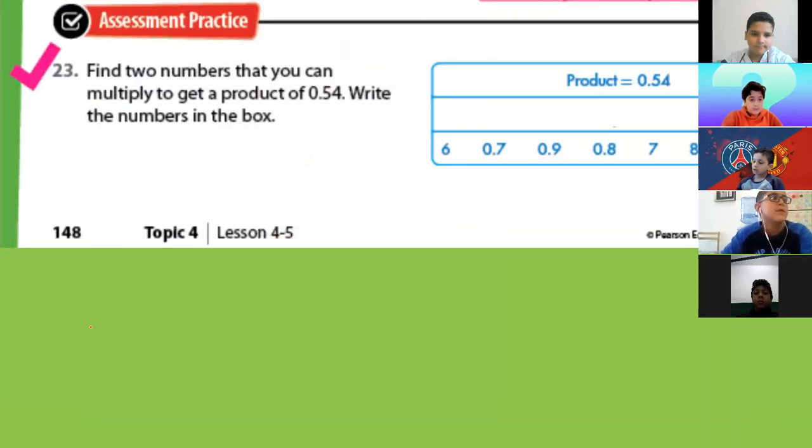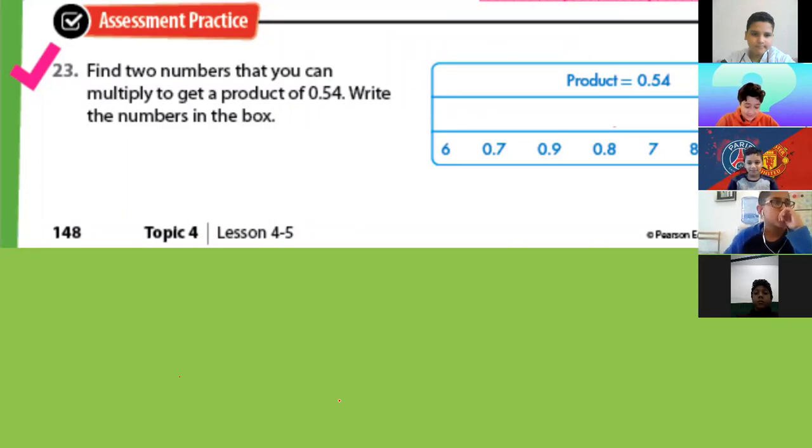Read and solve the last one directly, quickly, 1 minute. Find the two numbers that you can multiply to get the product of 0.54. Write the numbers in the box. Okay, Shubaki, hurry up. Open your mic, Shubaki.